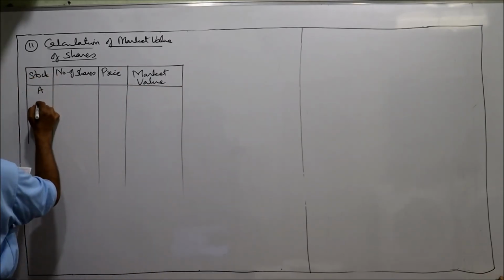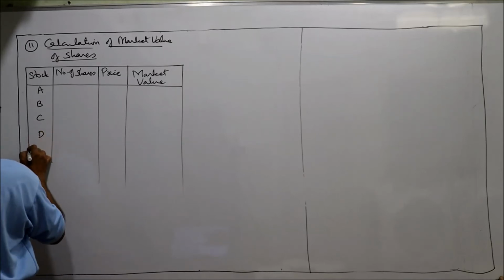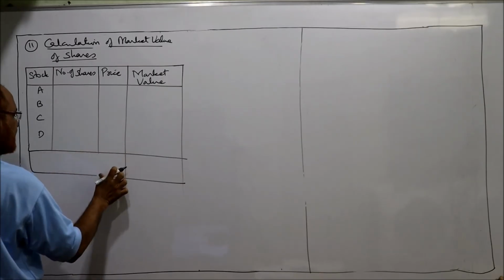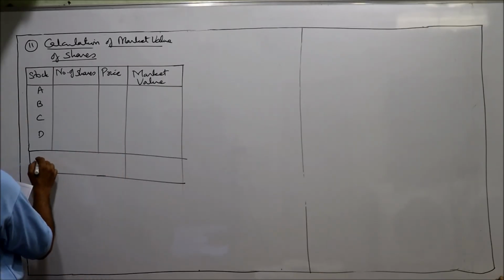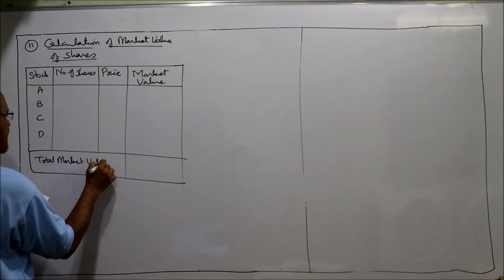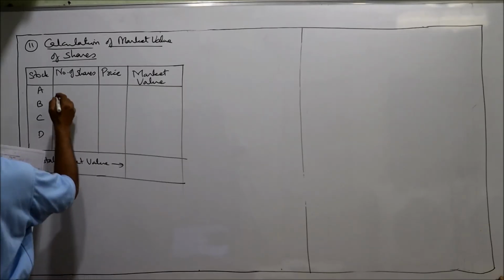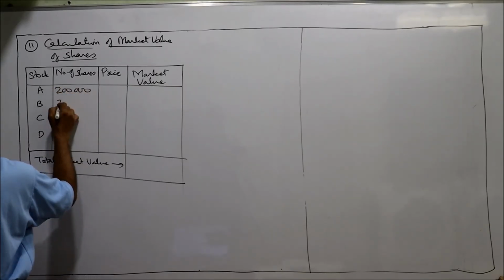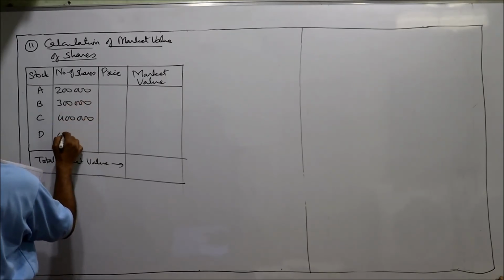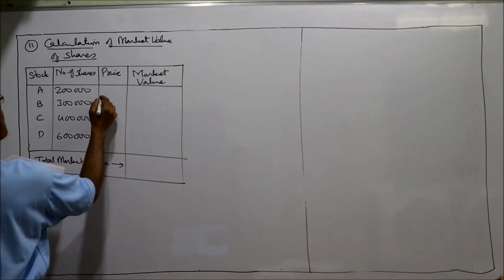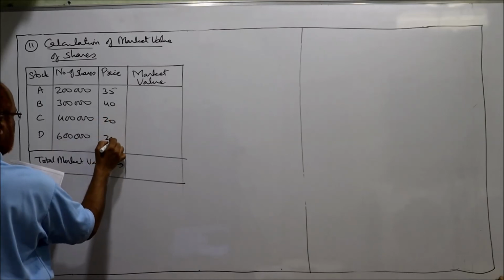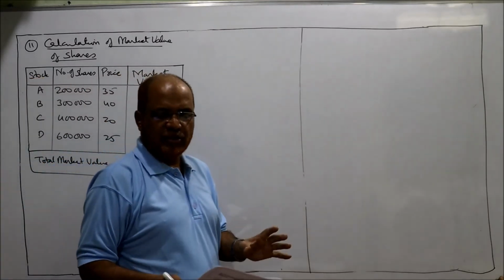The stocks are A, B, C, D. Number of shares are 2 lakh, 3 lakh, 4 lakh and 6 lakh. Price 35, 40, 20, 25. This is the information given in the problem.